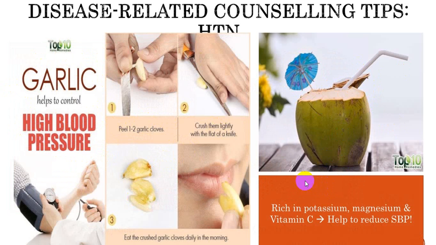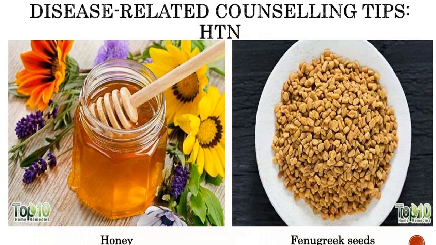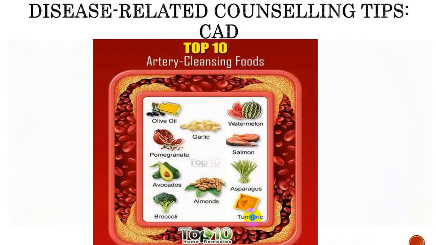Coconut water is rich in potassium, magnesium and vitamin C, and potassium is beneficial in blood pressure as well as in cardiac functions. Even they say that honey and seeds, fenugreek seeds, are also beneficial in hypertension.